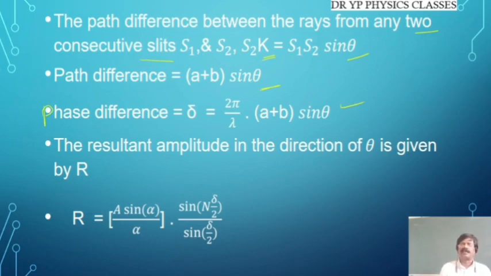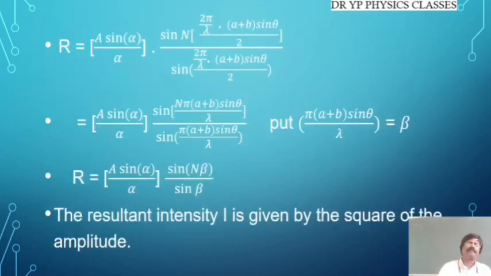The resultant amplitude in the direction of theta is given by R. R is equal to A sin alpha by alpha into sin of n delta by 2 divided by sin of delta by 2.